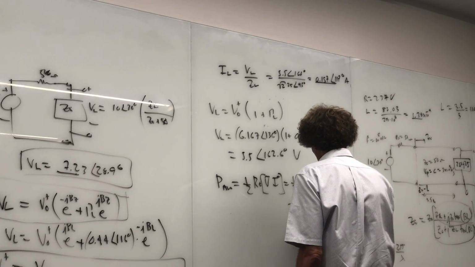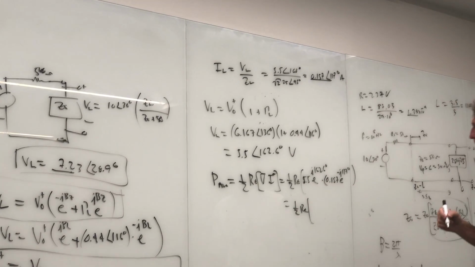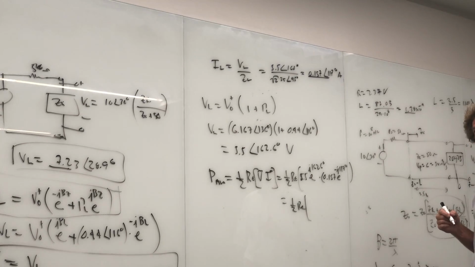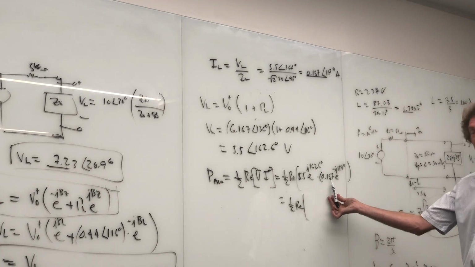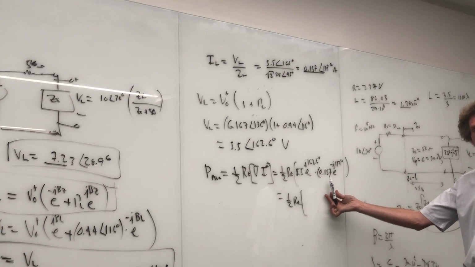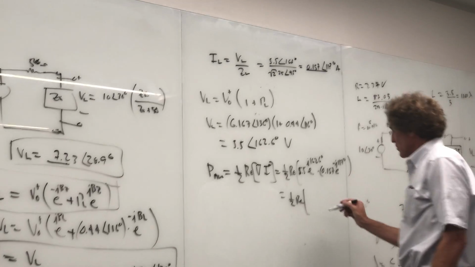So that's 1/2 the real part. Go ahead and take 5.5 times 0.157. What do you get? Just 5.5 times 0.157. Those are the real parts, right? I mean, that's the coefficient. What did you get for that? 0.86.